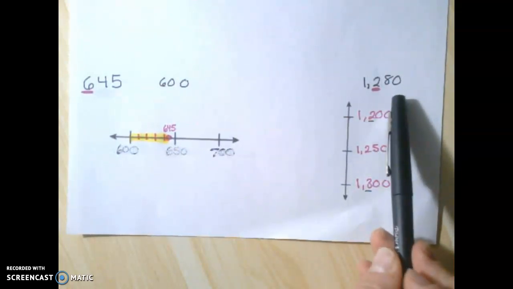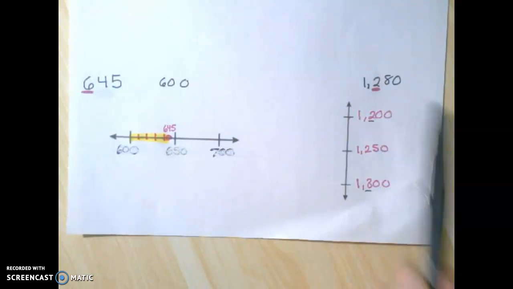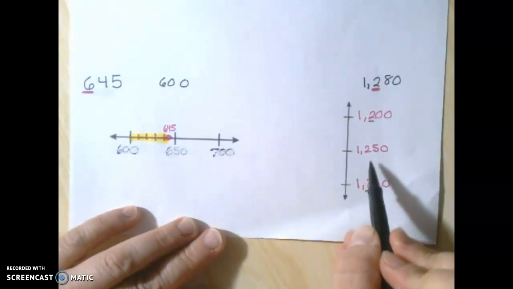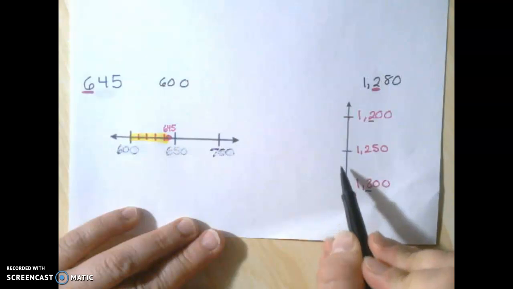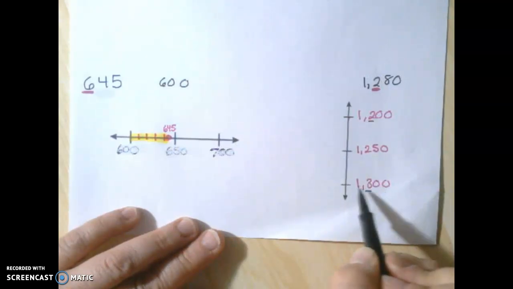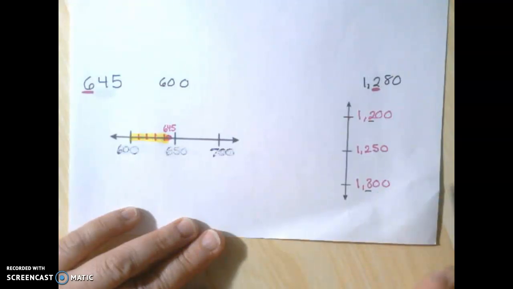If I thought about money, this is more money. 80 is more than 50. So I know that 1,280 is going to go somewhere on this side of my number line. It's more than my midpoint, but less than my endpoint.